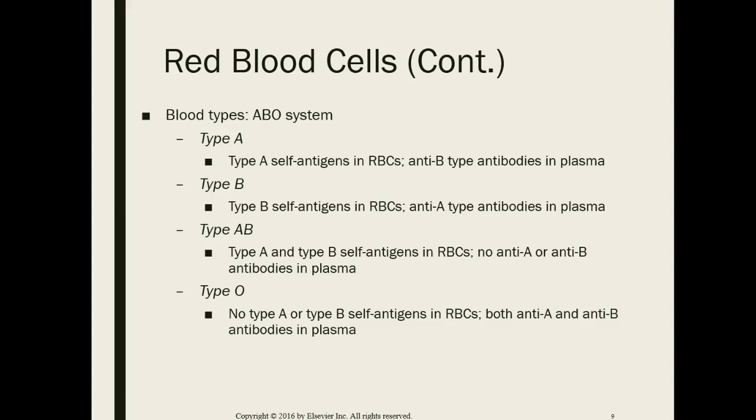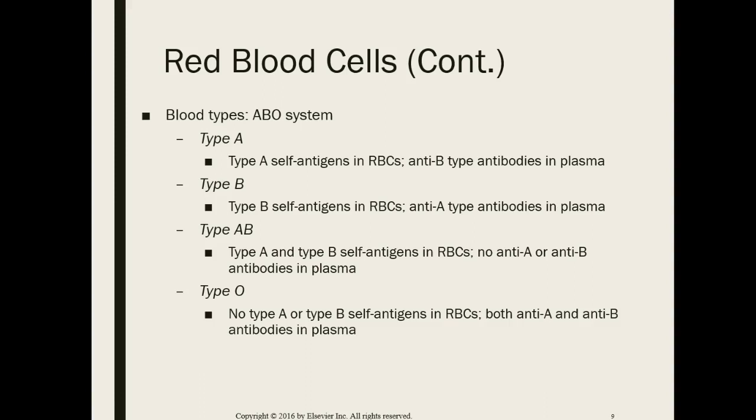So type A has A antigens and anti-B antibodies. Type B has B antigens and anti-A antibodies. Type AB has both A and B antigens, but there are no antibodies in the plasma. So that one is the universal recipient.